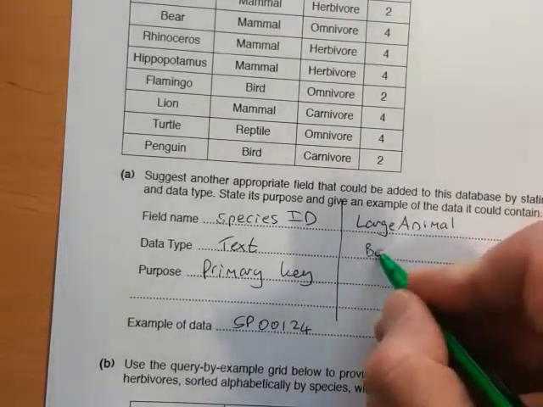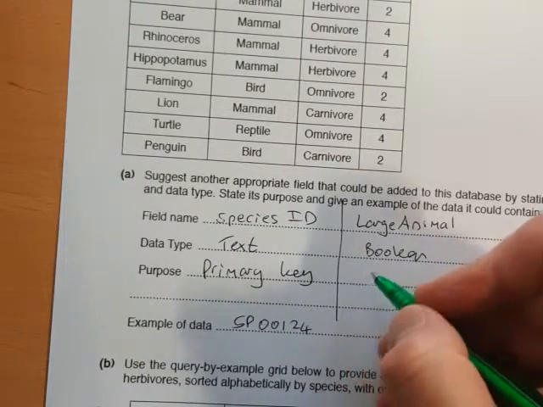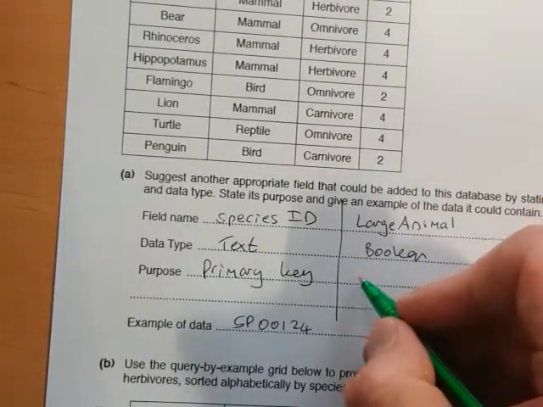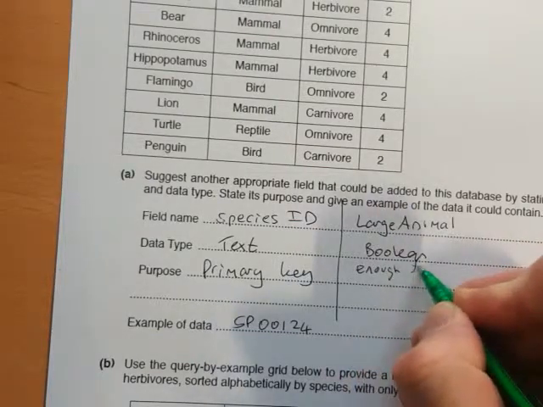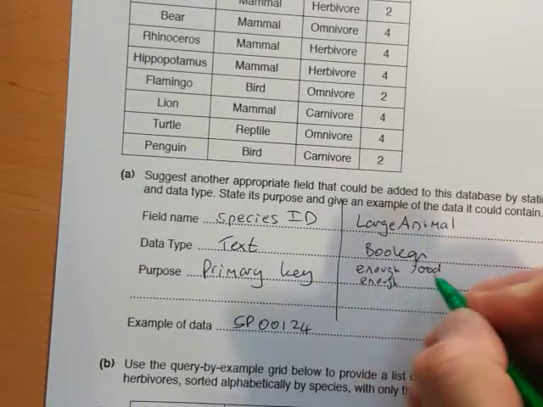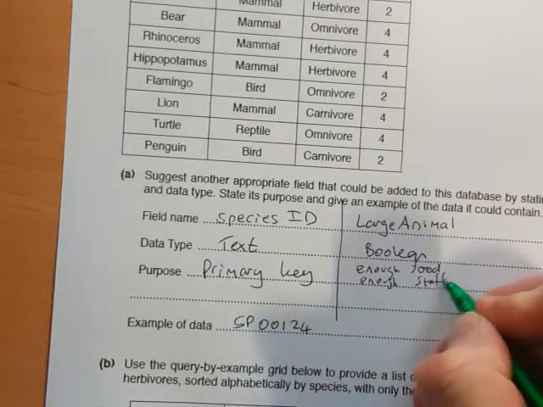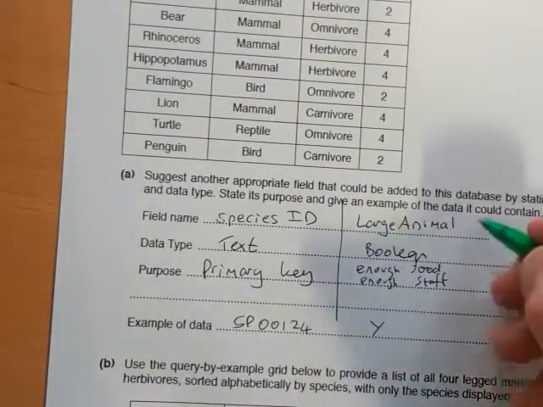That could be a Boolean. Its purpose is to make sure there's enough food for the animal, or enough staff. Maybe you might need more staff to look after the animal. Example data, Y.